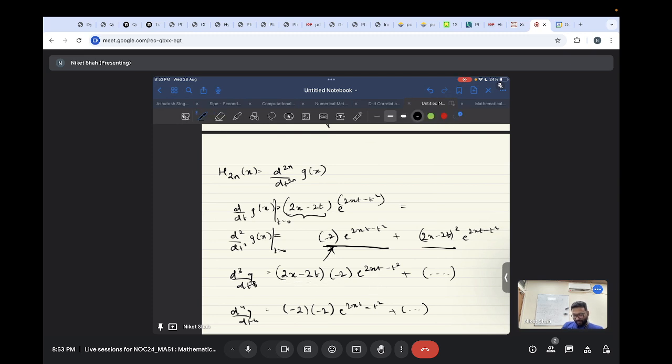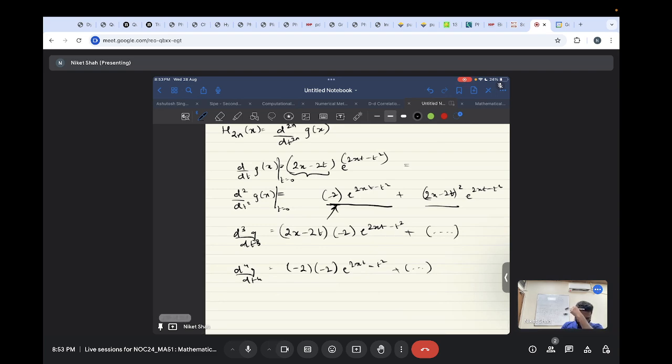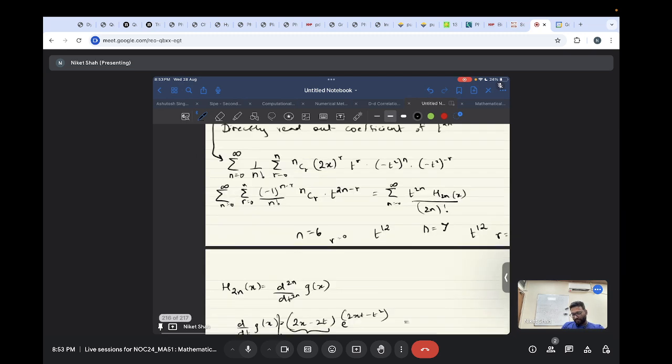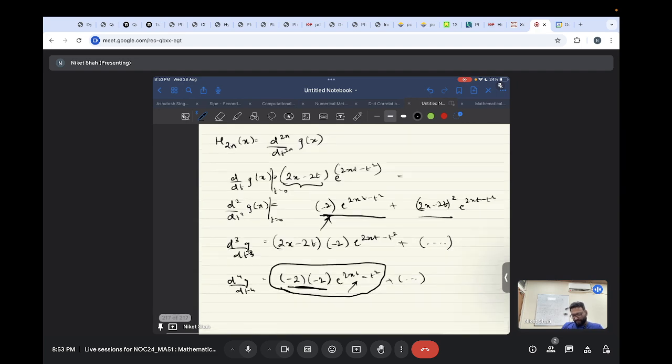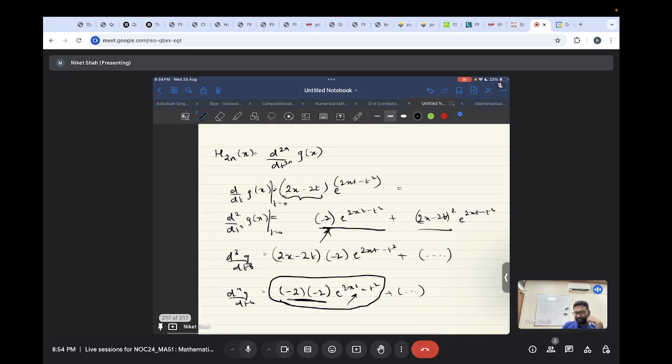But the point being that at every even power of the derivative, we are ending up getting at least one x power 0 term. At t equal to 0, this will become just 1, and we'll be landing up with this coefficient. So what this coefficient is exactly is 2xt minus t square.